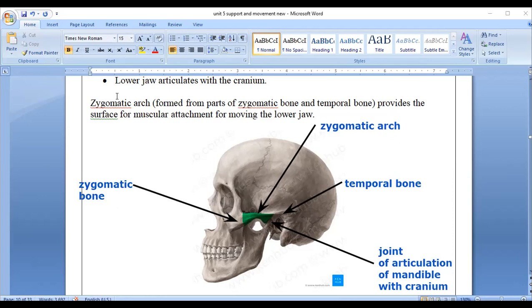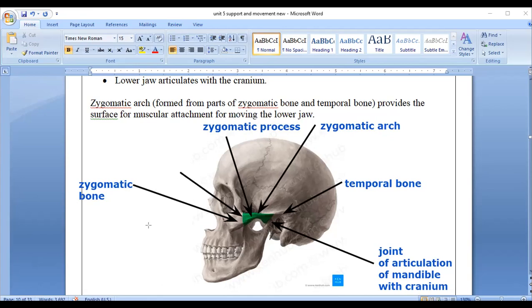This green colored part is called the zygomatic process. That zygomatic process actually belongs to the temporal bone. Understood?